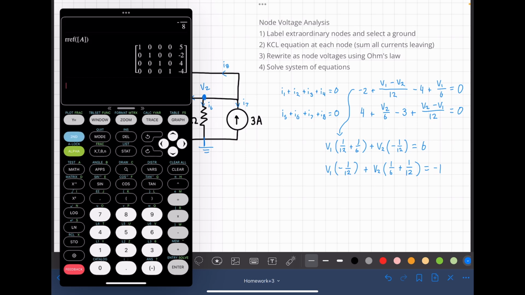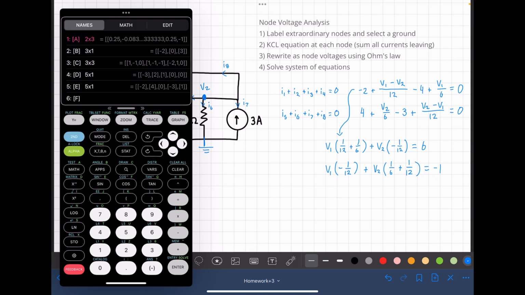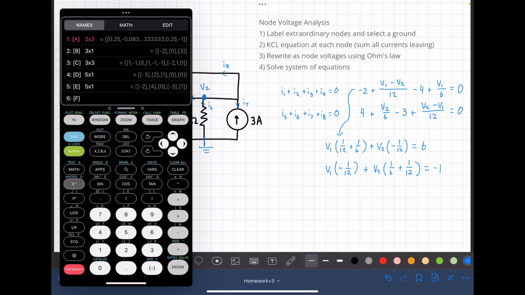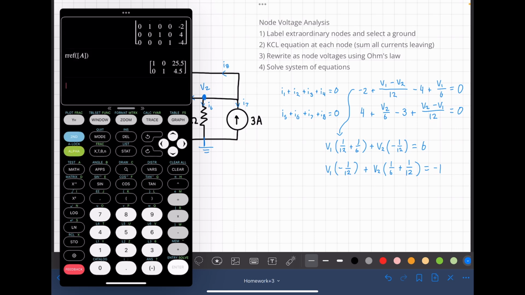Now I can exit, go to math, get our reference, boom. So now we see that V1 is equal to 25.5 volts and V2 is equal to 4.5 volts.